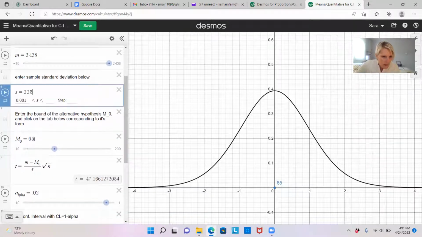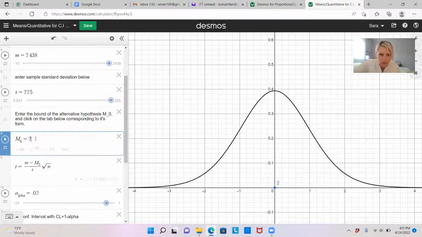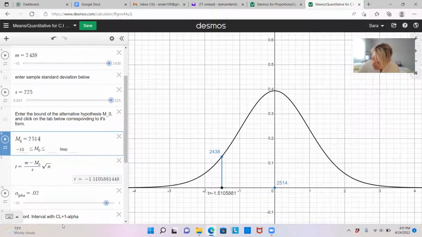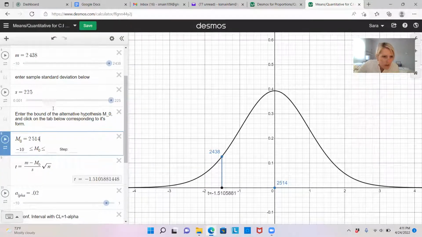And then we're testing that against the mean from the historical data, original 2,514. And then it gives us our T. Oh, oops, I typed it in wrong. Sorry about that.